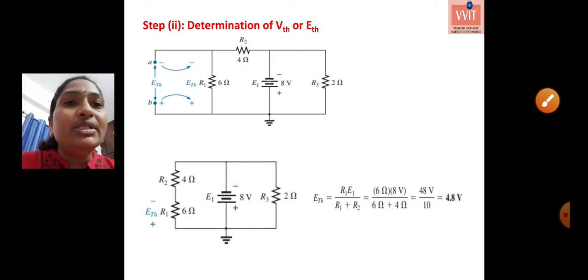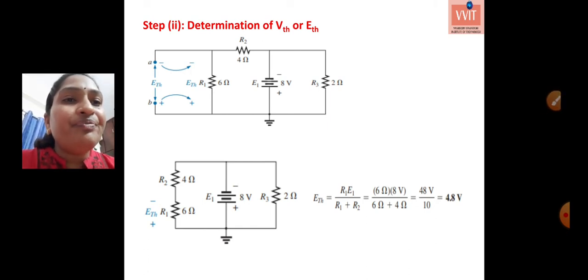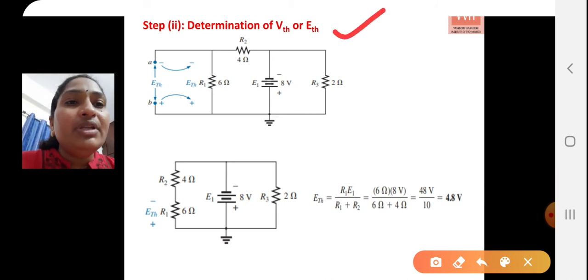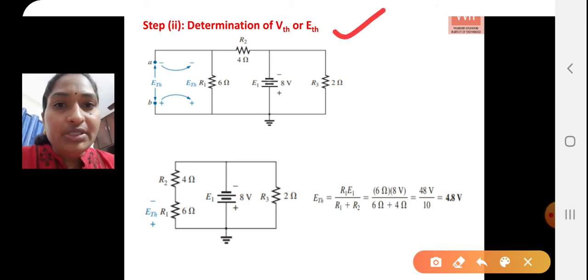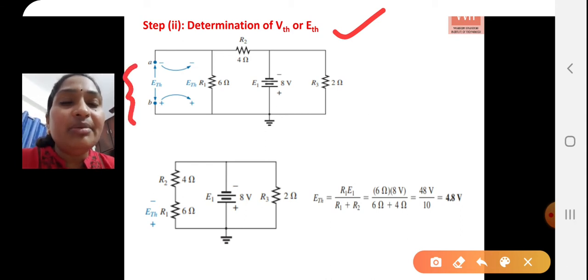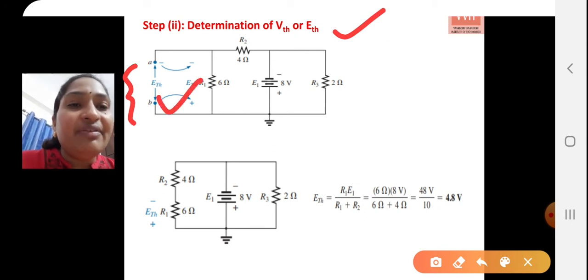After removing the load resistance, the second step is determination of Thevenin's voltage. According to Thevenin's theorem, Thevenin's voltage is the open circuit voltage across the terminals A and B, so I have written this voltage across A and B as E Thevenin.